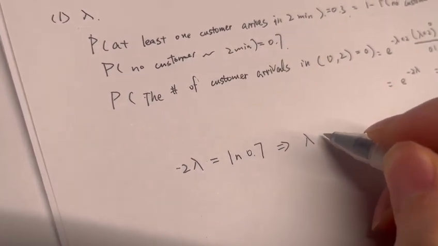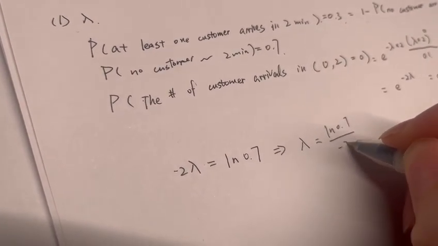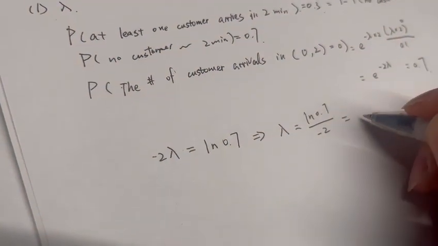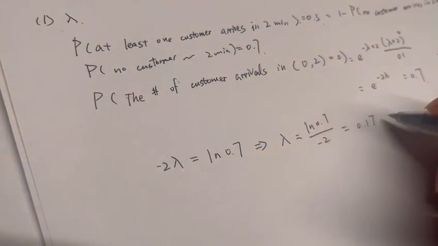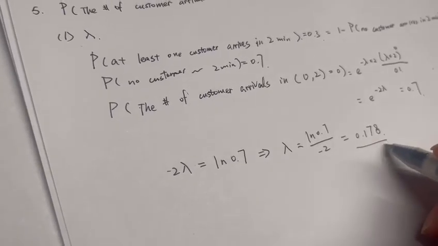So lambda equals ln 0.7 divided by negative 2, which equals 0.178. That's the value for lambda.